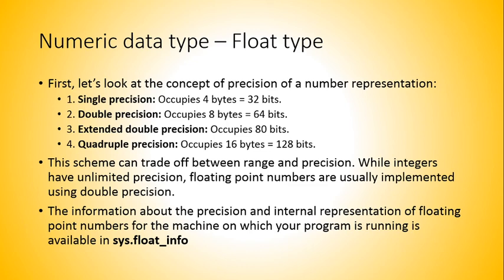The information about precision and internal representation of floating point numbers for the machine on which your program is run is available using the command sys.float_info. As you can see here, sys.float_info.